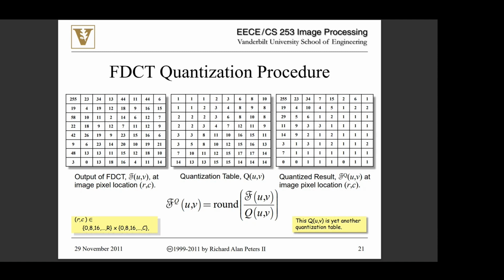So we have the discrete cosine transform of the patch. We have a block of 8 times 8. This is its Fourier transform, its cosine transform. And then this is the quantization table. So we divide this by this, and we keep it there. And now you start to see that many of these numbers start to be very low.